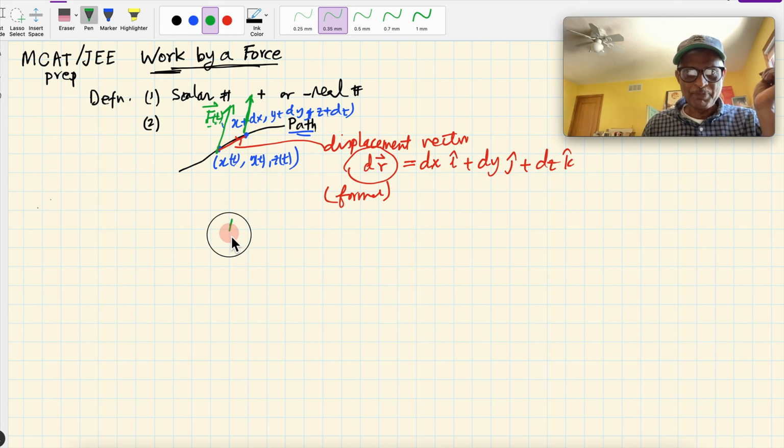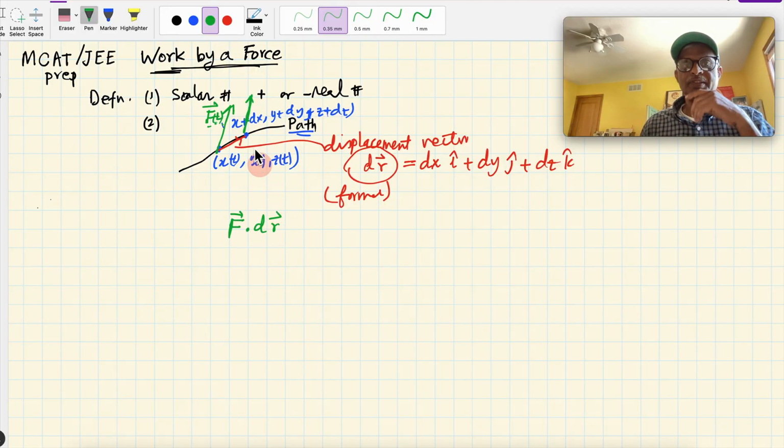Stay with me. So if I do F dot dr, so take a dot product of the displacement vector and the force vector, this is the amount of work that I have to do. So this is sometimes written as a script W, like that, delta W. So this is a work.